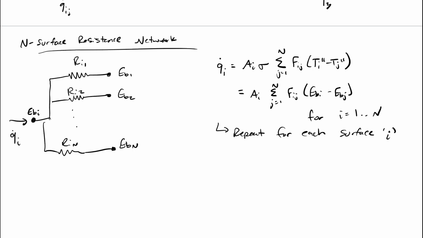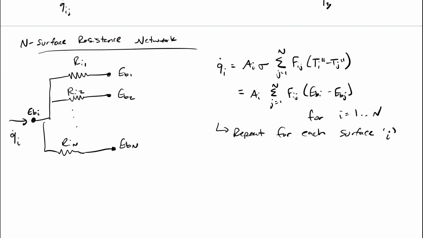All right. What you'll notice, though, is we have the areas, we have the view factors. We don't know what heat transfer Q dot. The N equations are going to give us the emissive powers, but we're not going to have the Q dots. Or let's say we have the Q dots, we're not going to have the emissive powers. So we actually need two N equations for this, and this system gives us N equations.